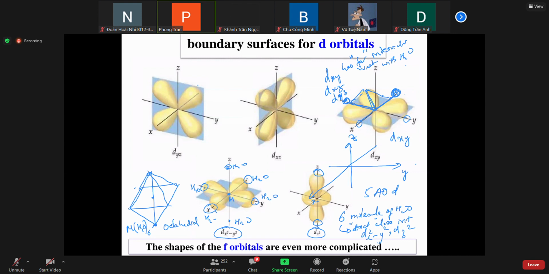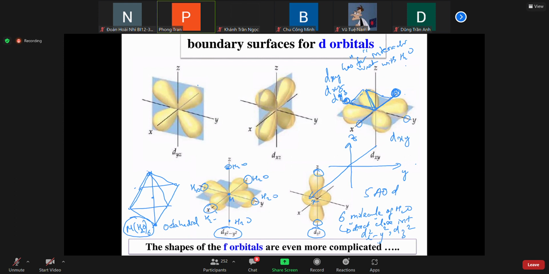So basically, if you take this molecule with the metal M, which has the d orbitals, and 6 water molecules arranged in the octahedral geometry, you can see that the 5 d orbitals will not have the same interaction with the 6 water molecules.